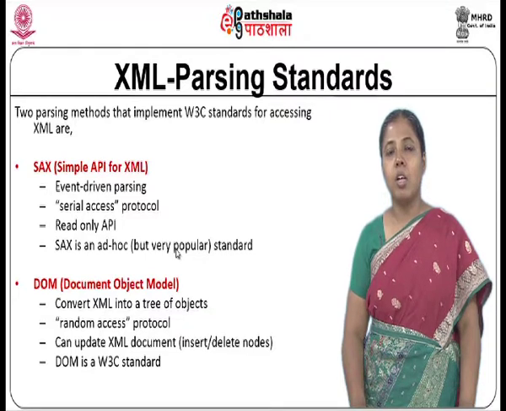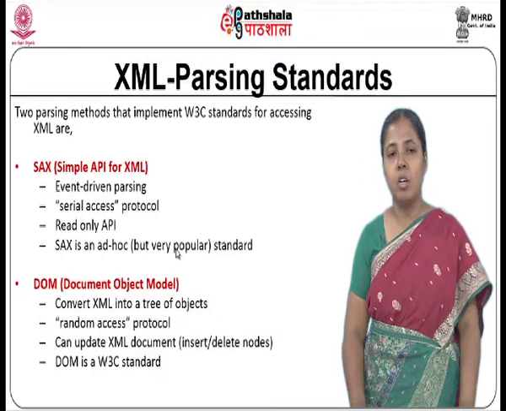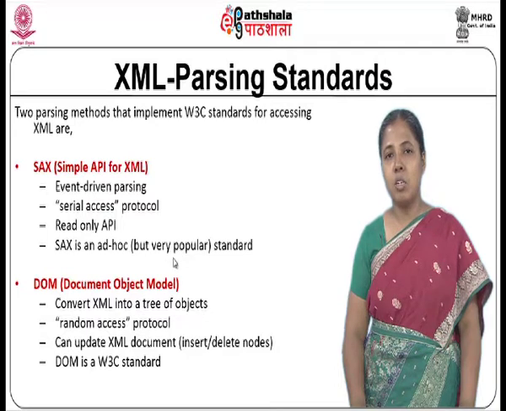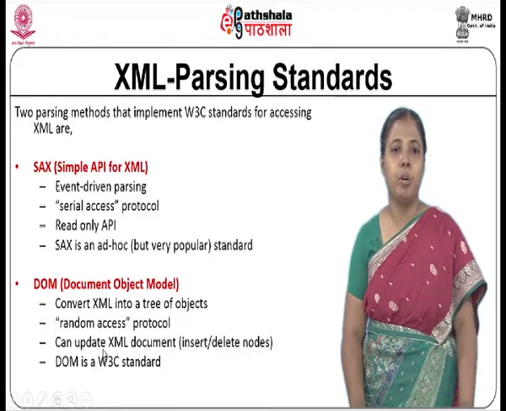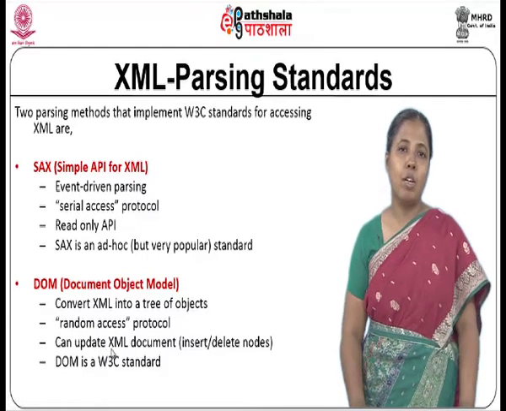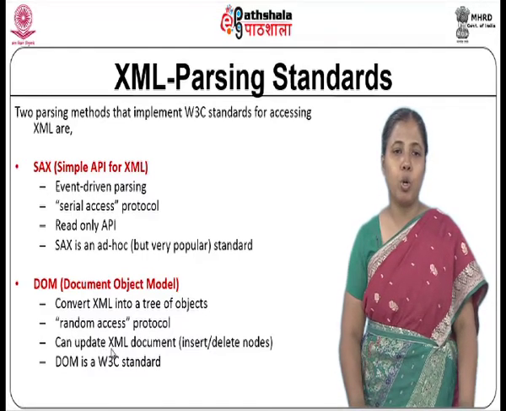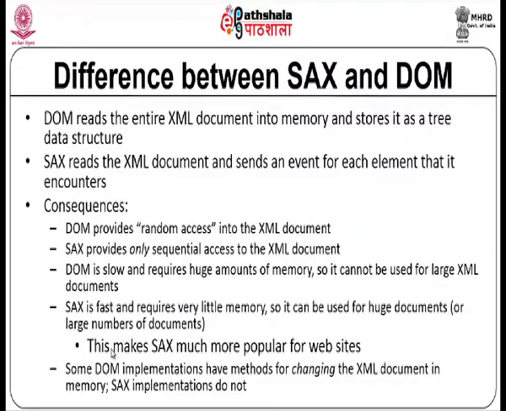Given an XML document, we can construct an XML tree, and once we have the tree, we can access the XML document randomly. We can even update an XML document using this parser. DOM is also deployed as a W3C standard.